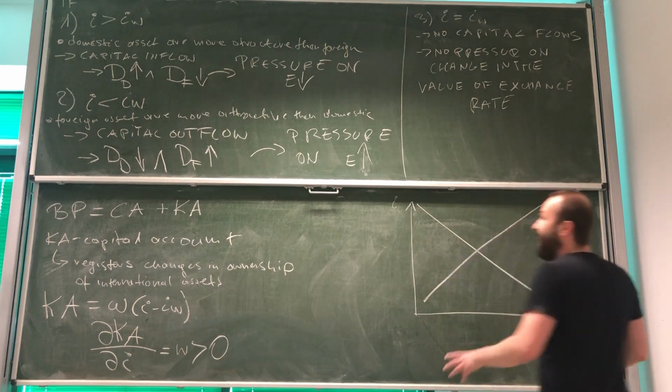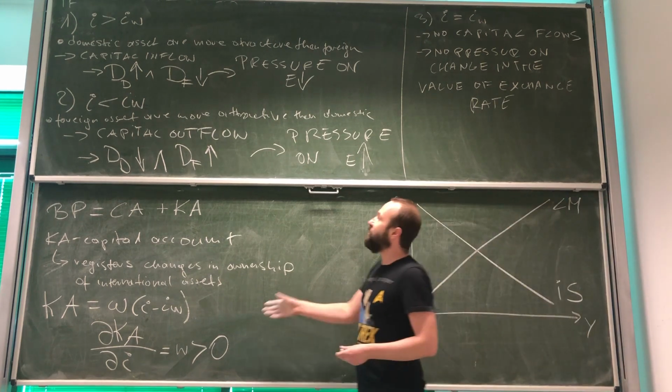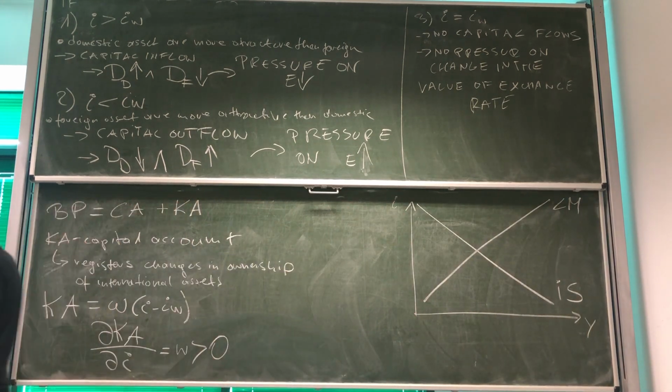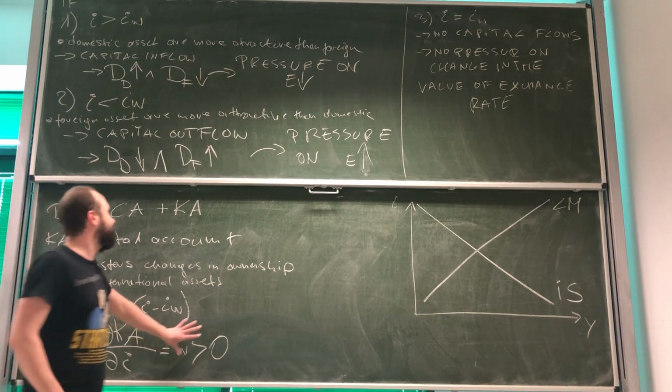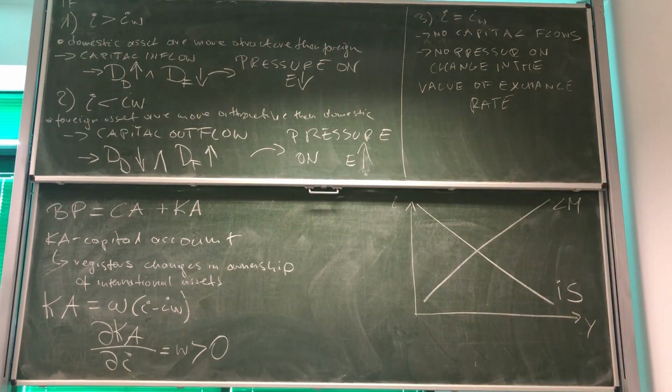And look, I actually mixed here two types of information. The first piece of information that we wanted to have here was what is the impact of interest rate on the capital account. And we see this over here. But I also sneaked in a different piece of information over here.